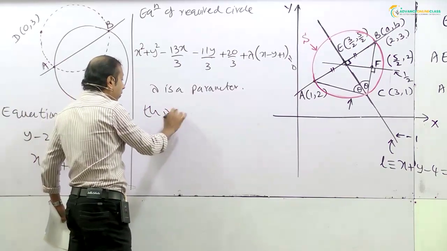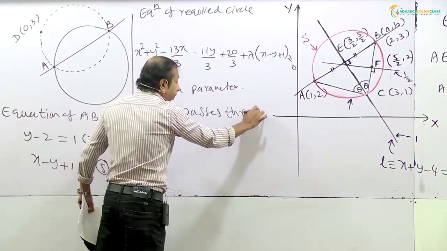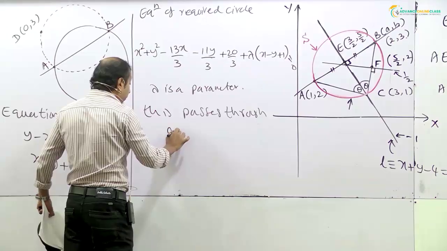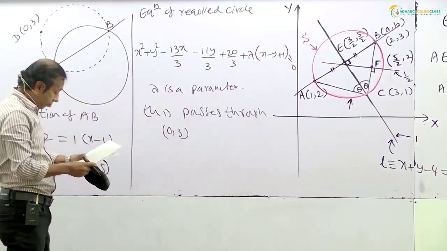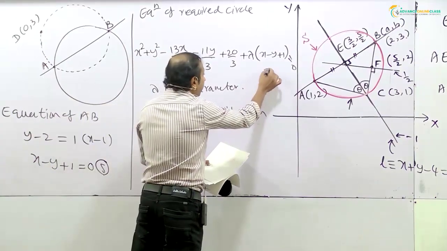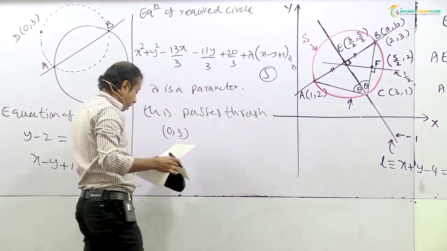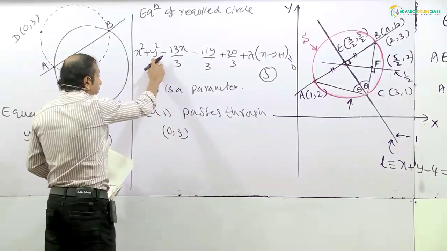See, this passes through (0, 3). Put (0, 3) and then find lambda. Yes, you get 5 marks for this. Put (0, 3) here. 9 we get.